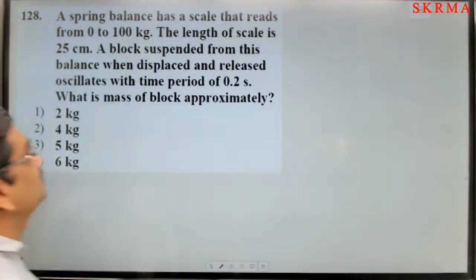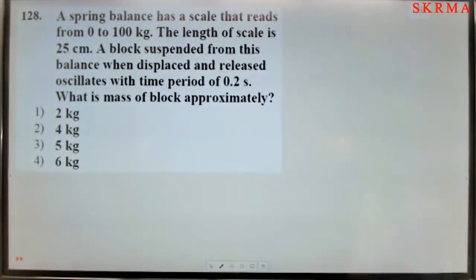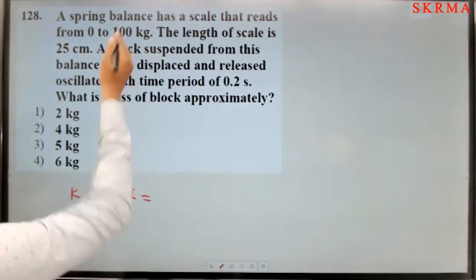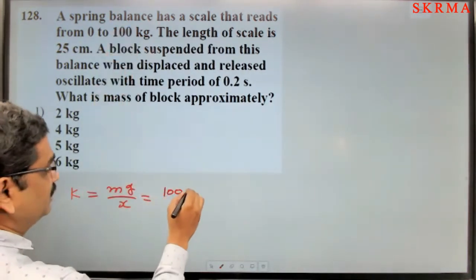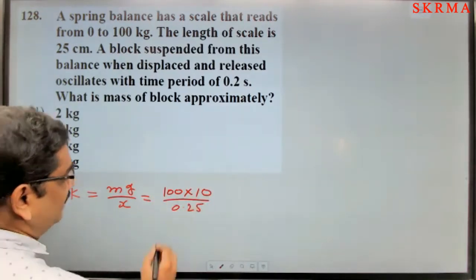Next, the spring balance has a scale that reads 0 to 100 kg. The length of the scale is 25 centimeter. Now from this one, we can calculate the spring constant, so mg by x. What is the value of m? 100 into g value 10, x value 25 centimeter or 0.25.